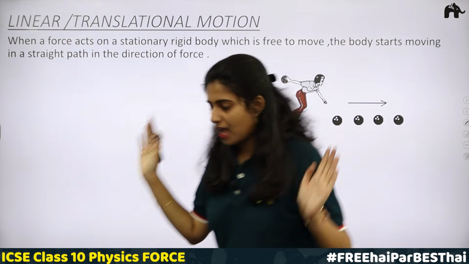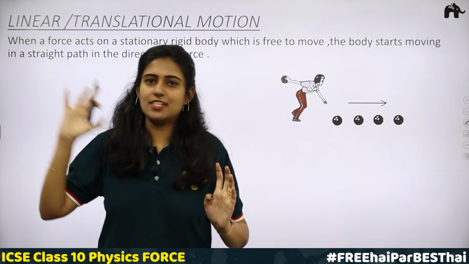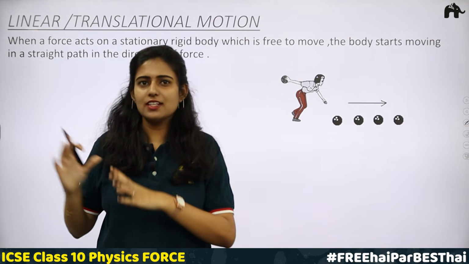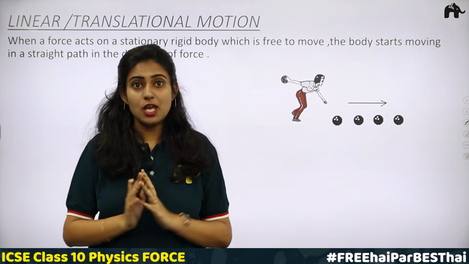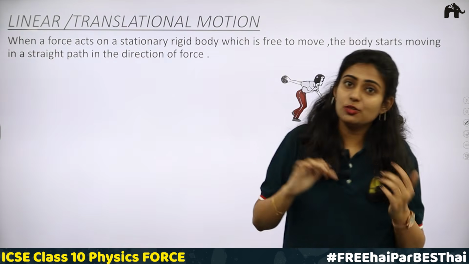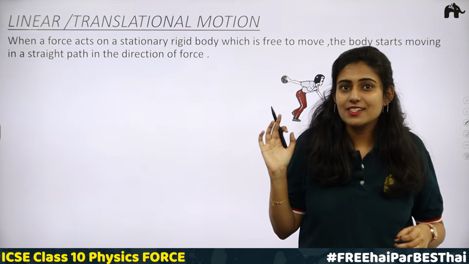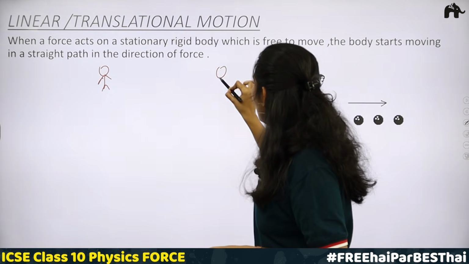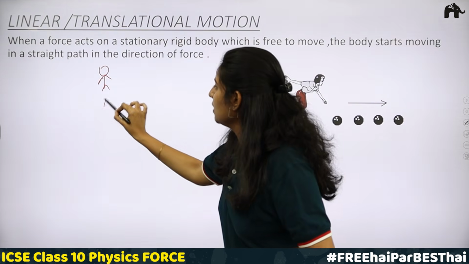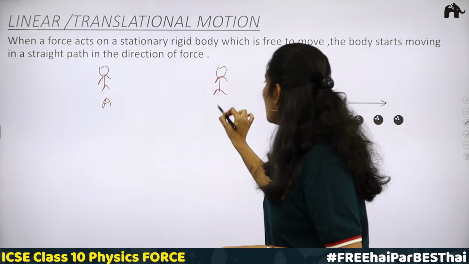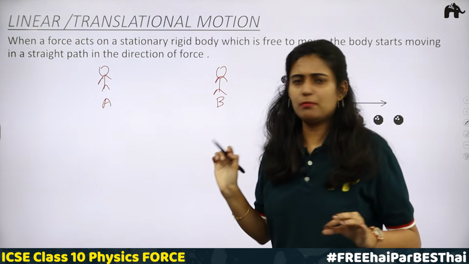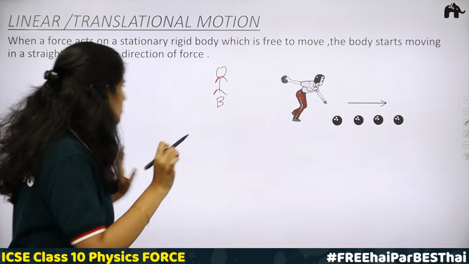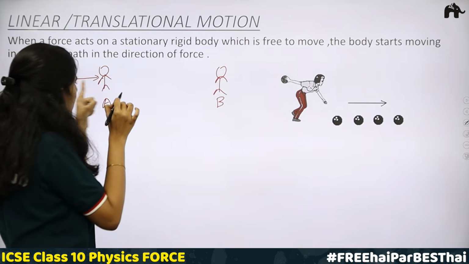Take an example. I am standing here. Some external agent, like somebody from outside, is going to push me. What will happen? My position will change, right? I have been shifted to a new position. My initial position was here. I have come to a new position. Let us say my initial position is A. I have come to B. Somebody was applying a force on me, a force in this direction.